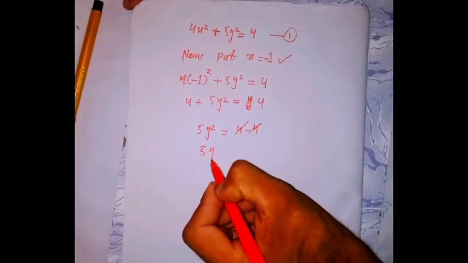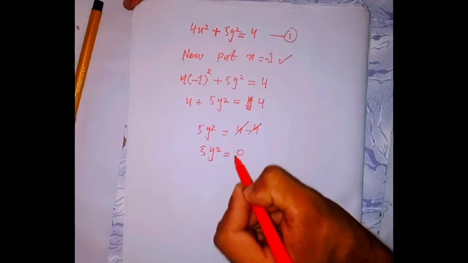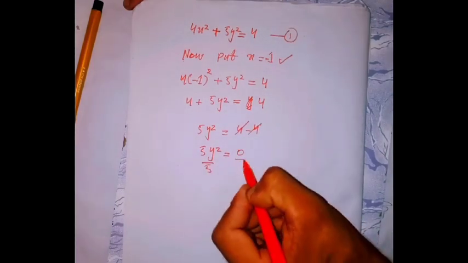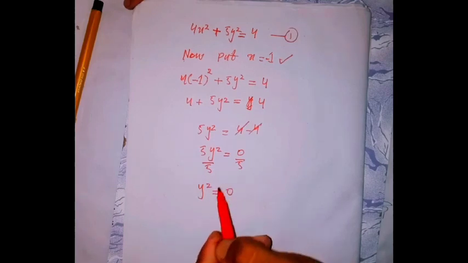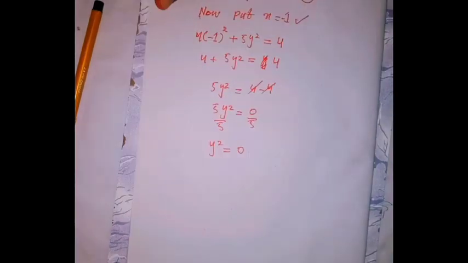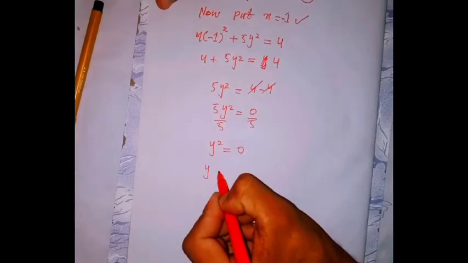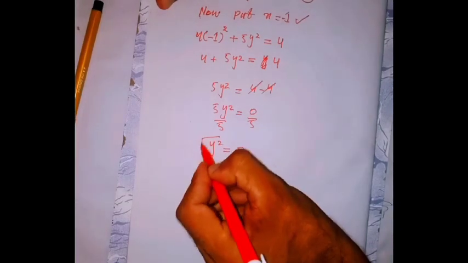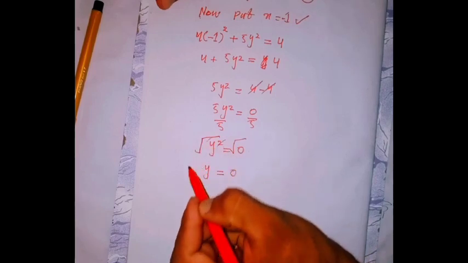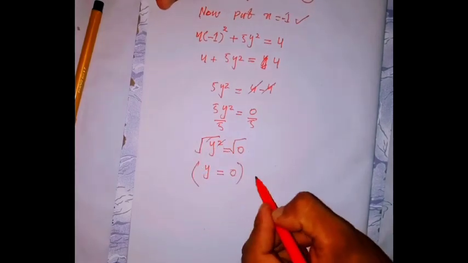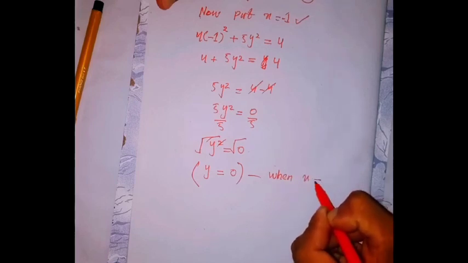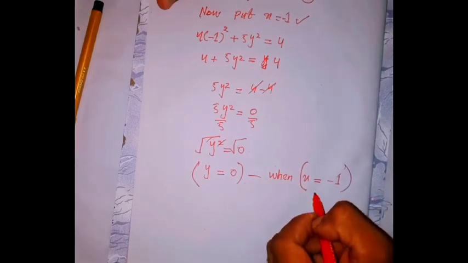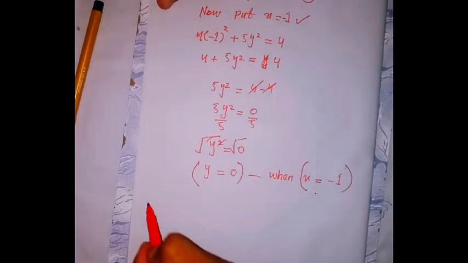Same. Now dividing both sides by 5, we get y square is equal to 0. And now if we take the square root of both sides, y is equal to 0 because square cancels with square root. So hence when x is equal to minus 1, we again get y is equal to 0.